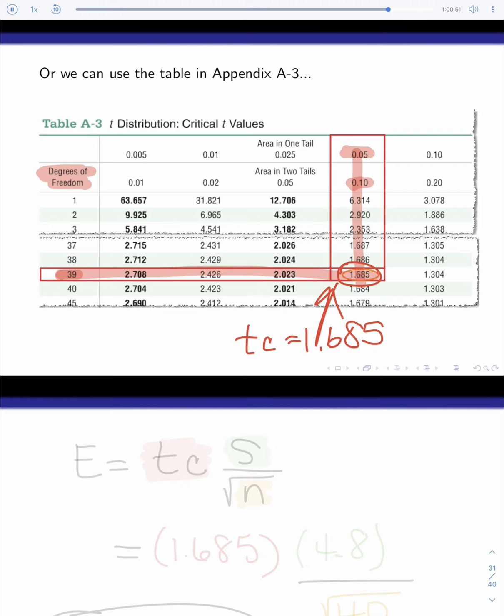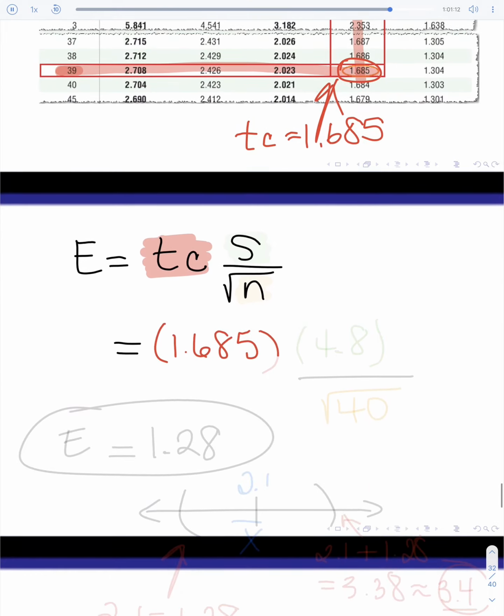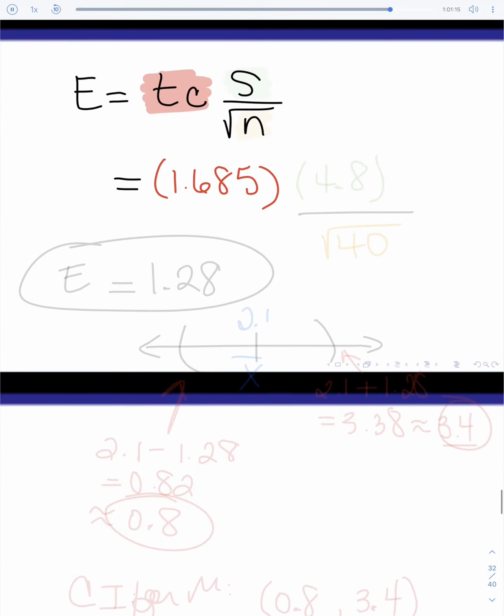Then whether you did that using your calculator or the T distribution table, you can go back to your error formula, T sub C times S over the square root of N. We just found out our T sub C, our critical value, was 1.685. And then our S, which was given in the problem, was 4.8, divided by the square root of N, and N was 40.